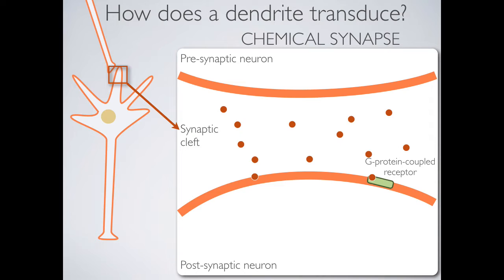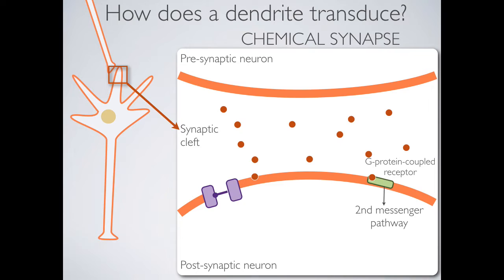But for our purposes, it's relevant because they provide the opportunity for long-term changes to the postsynaptic cell. This is all happening at the dendrites. So if they bind to a ligand that excites this G-protein coupled receptor, then they may cause a variety of intracellular actions called second messenger pathways, which may influence the state of that membrane.